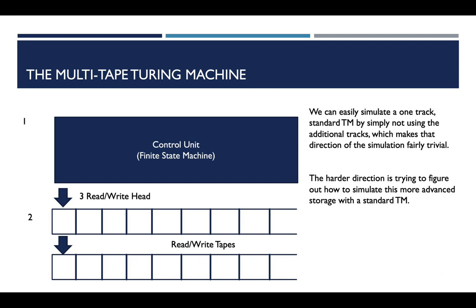So there are some technical details around how to do the simulation, but conceptually it makes sense. If you want to simulate a one-tape machine, you can do that by compressing whatever number of tapes you have into a single tape, and then sort of ignoring the other ones.